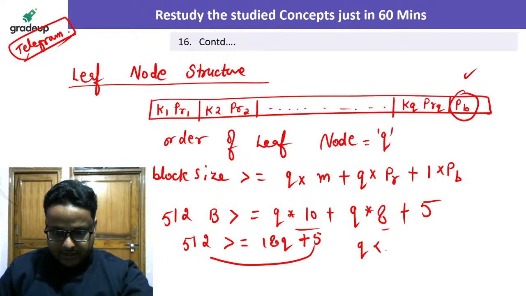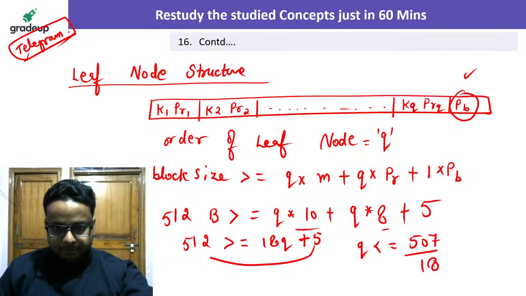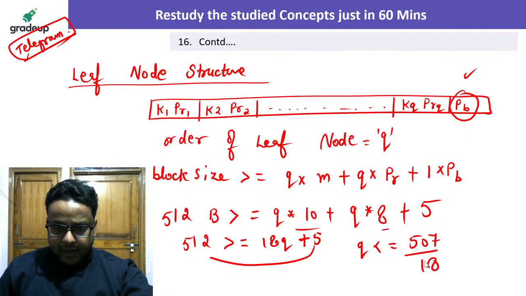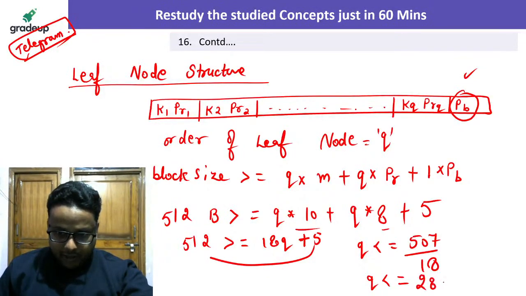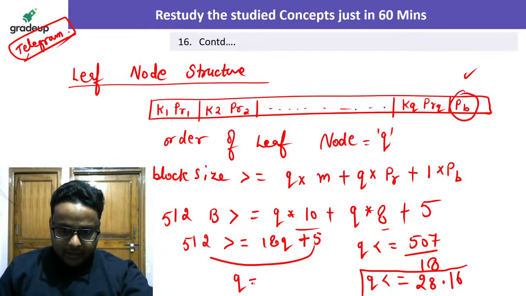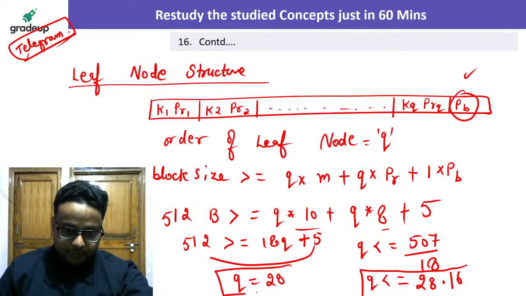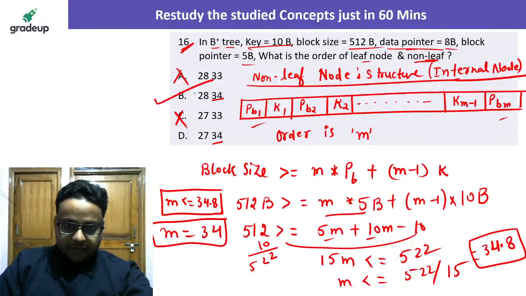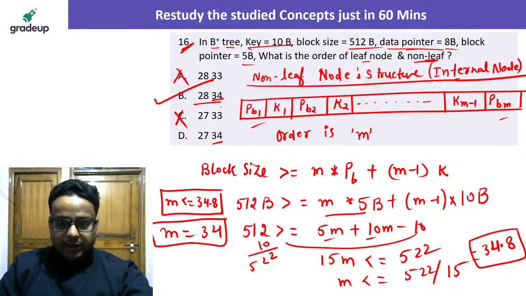So q is less than or equal to 507 divided by 18, and q will be less than 28.16. So obviously q will be 28. So 28 and 34. So the answer will be option number B, 28 and 34.